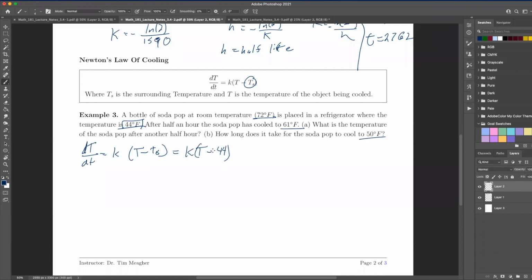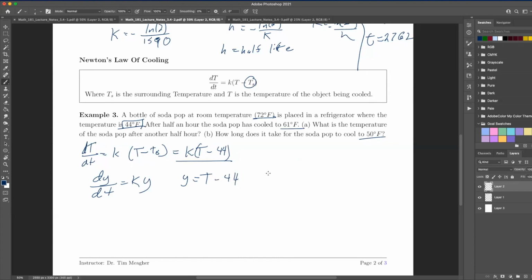Let me put in the initial temperature too. The initial was 72. So this is what we're solving. They're going to do a quick change of variables. They're going to change this to dy/dt, where y is equal to T minus 44.